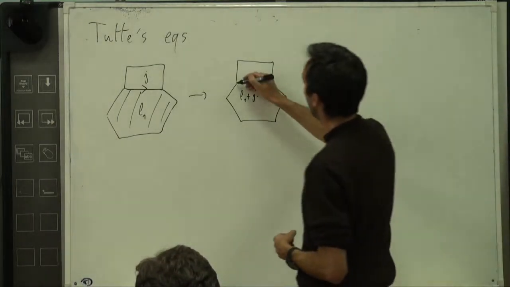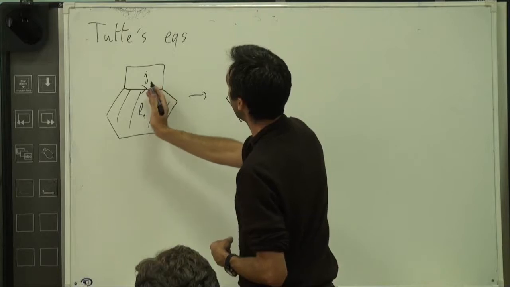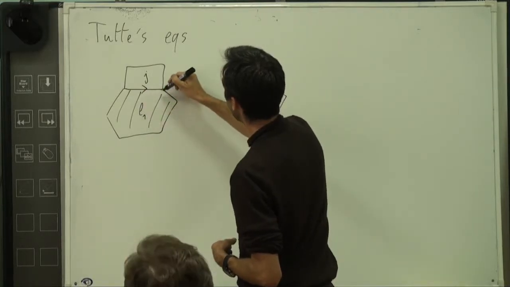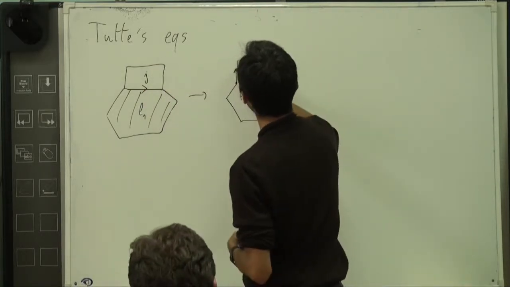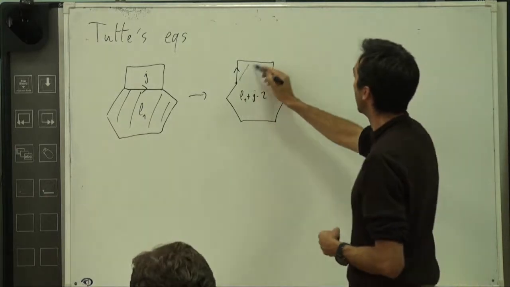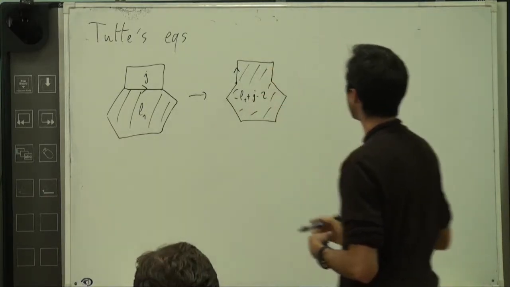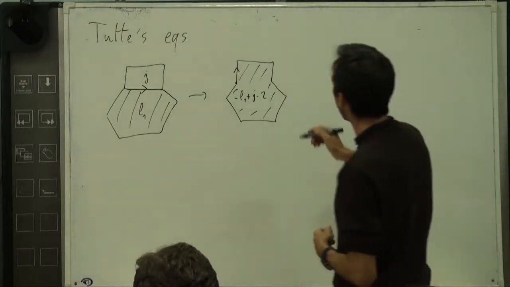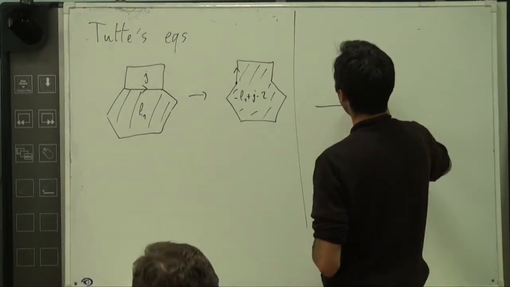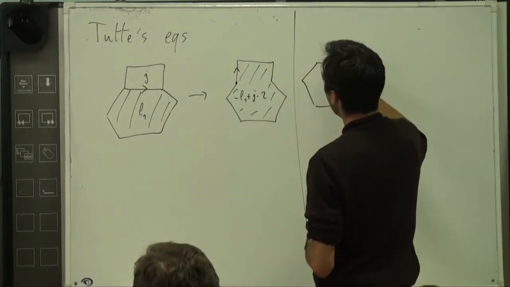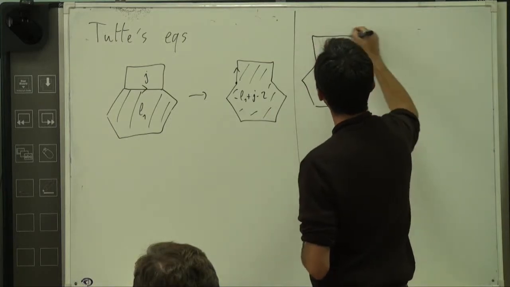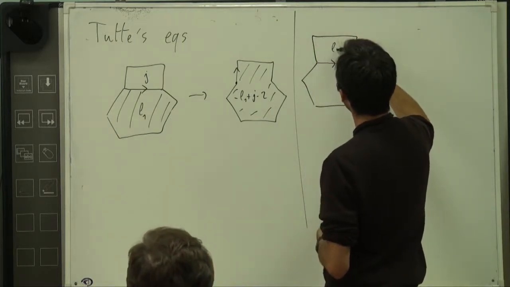Let's say instead of marking this edge, you mark the next one, so this one. Another possibility was that on the other side of the marked face, you have another marked face. Maybe the edge should be in the opposite direction.